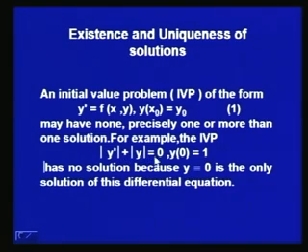So their sum is 0 if and only if y is identically 0. Since we are given that y at 0 has to be equal to 1, y equal to 0 cannot be the solution of the given initial value problem, because y equal to 0 at x equal to 0 gives us value 0 and not 1. So the given initial value problem has no solution.